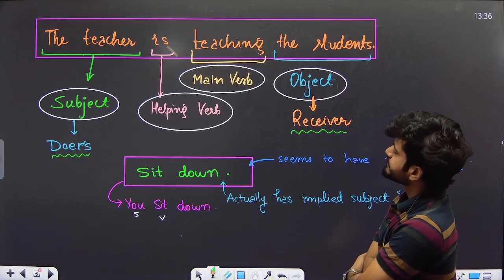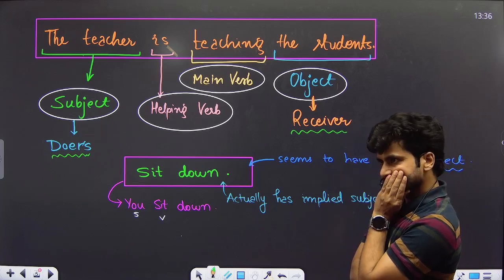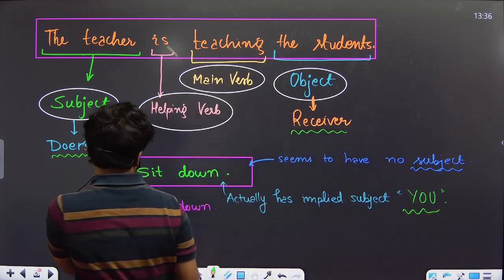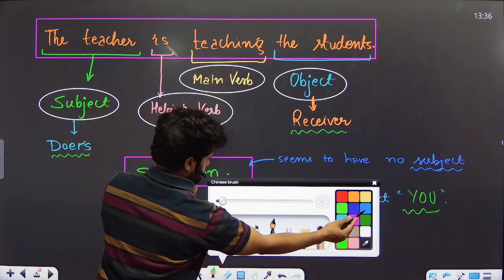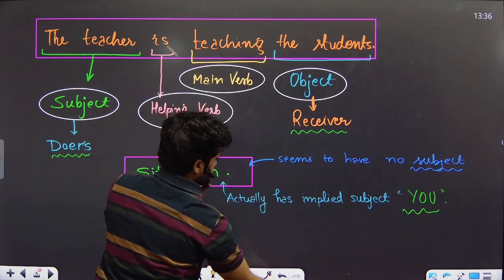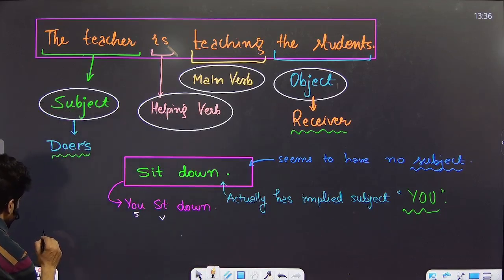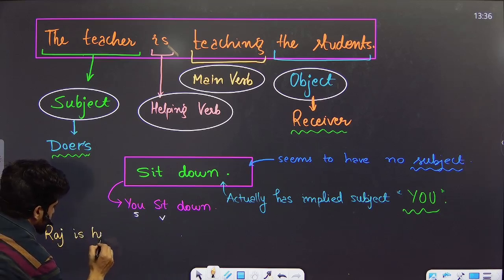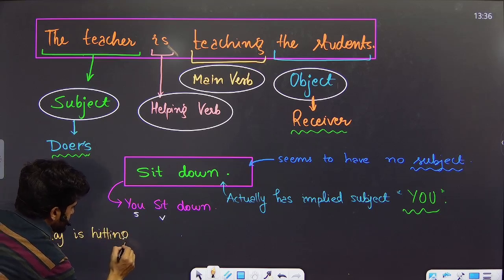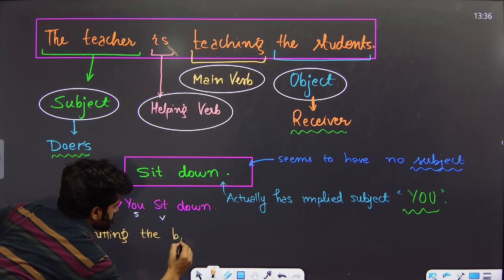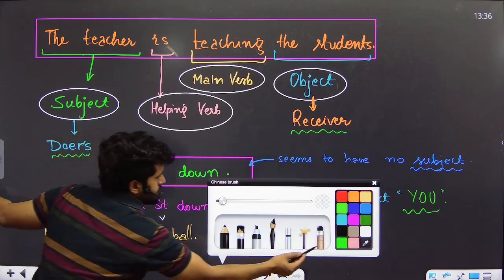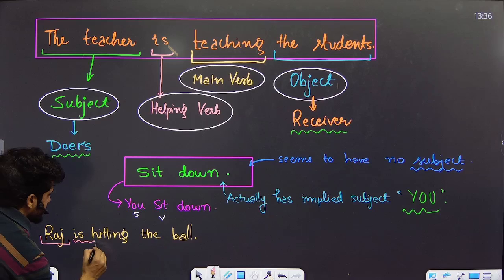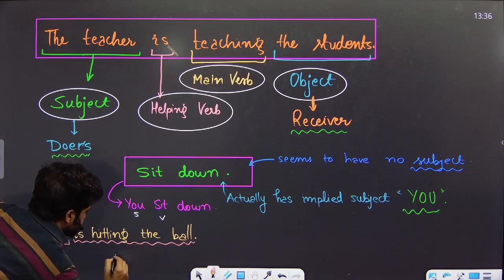Anything missing here? Predicate. Okay, so for example, this is subject and remaining everything is your predicate.